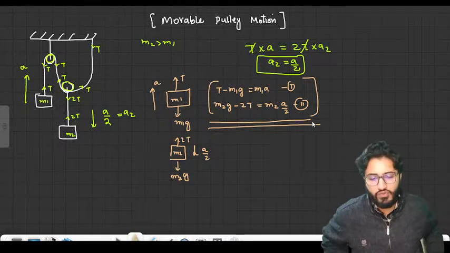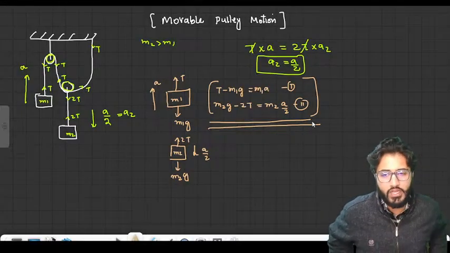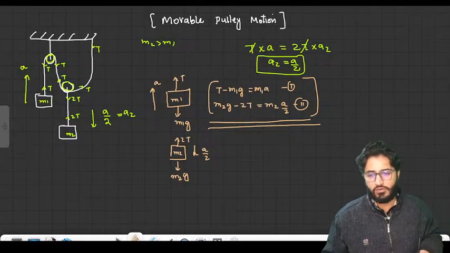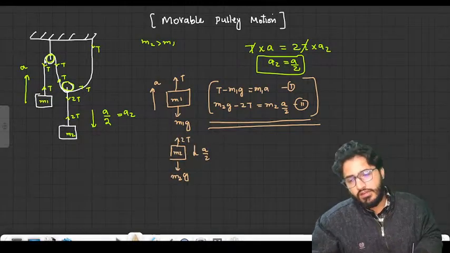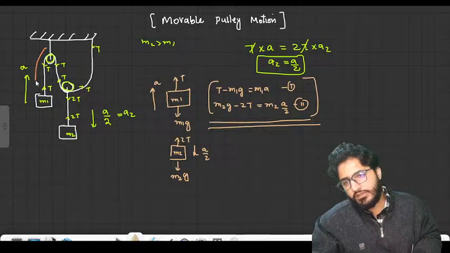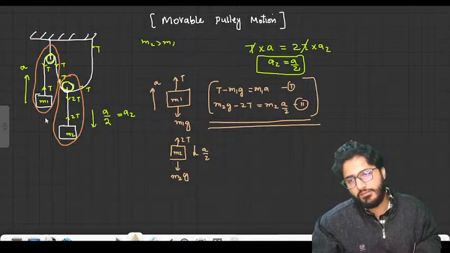Okay, how did we get A by 2? Look beta, look here. Take this one and this one. Clear?